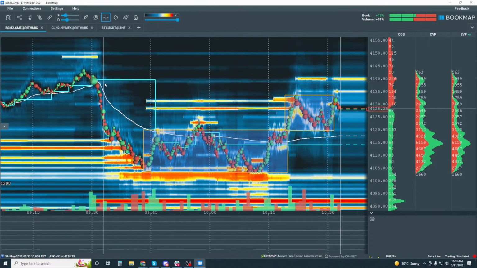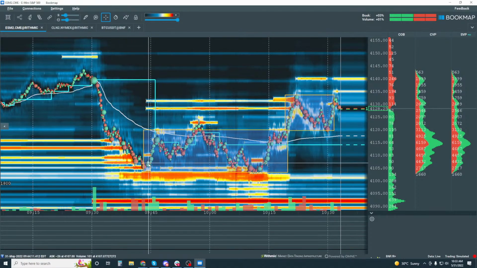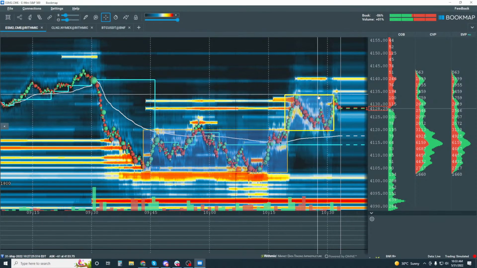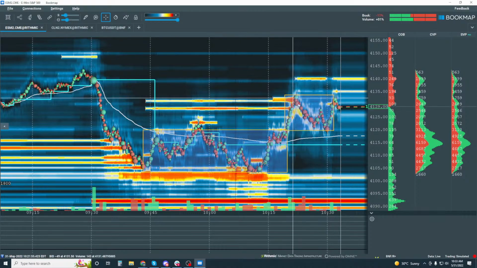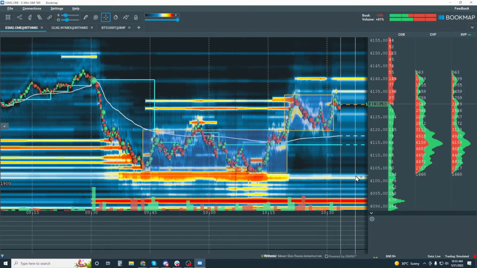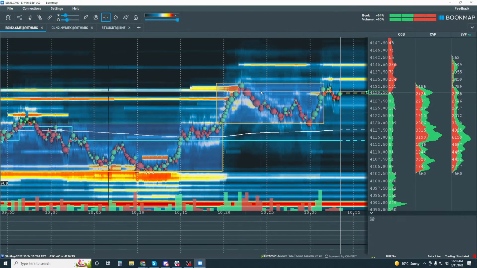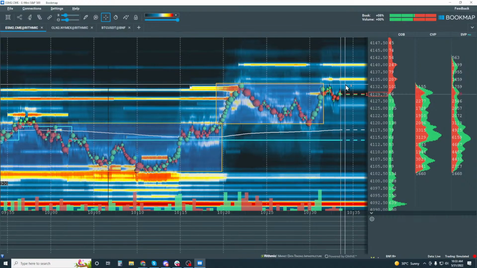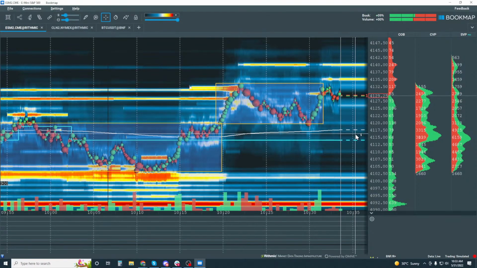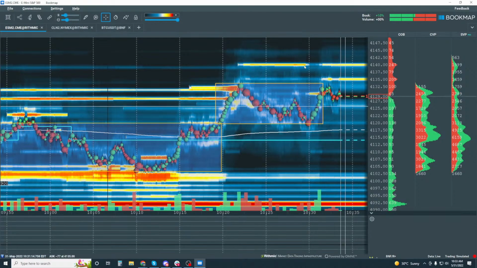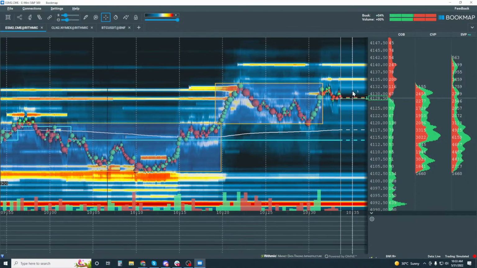Okay, but in the bigger picture, this is a move to the downside, and then we're seeing this kind of double bottom pattern, and then we can get this kind of double top pattern up here, and then the continuation to the downside. Okay, we see that a lot, especially in crude oil, and it does exactly this pattern here, and then it fails, and then we get our continuation of trend. So that's what we're looking for in here.